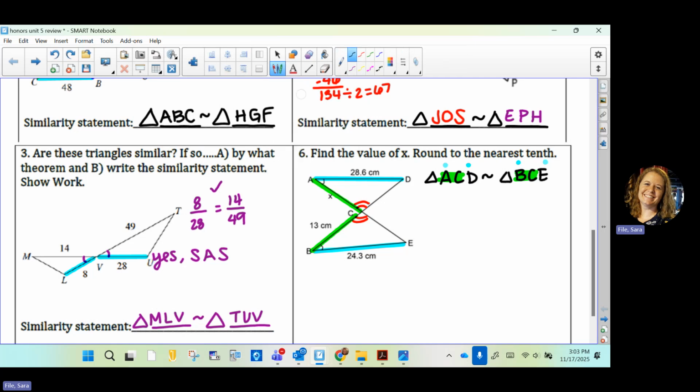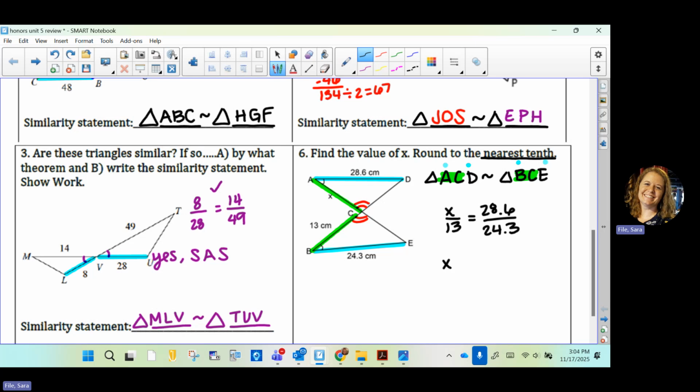So I can set up my ratio. X is to 13 as 28.6 is to 24.3. And then we cross multiply and divide. So you're doing 13 times 28.6 divided by 24.3. And it says to round to the nearest tenth. I think this is the first one or the only one that tells us to round to the tenth.